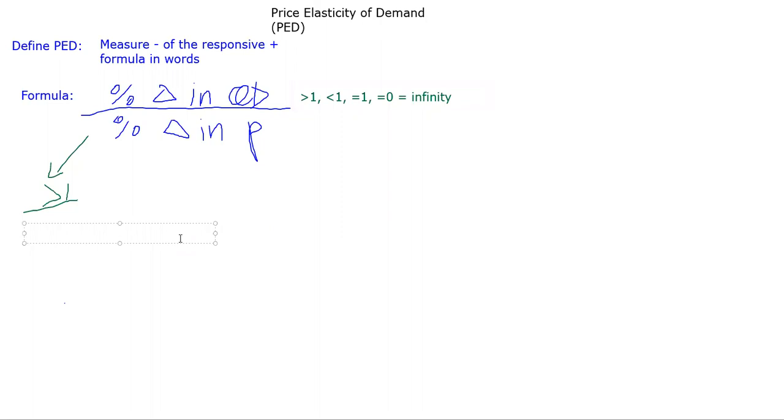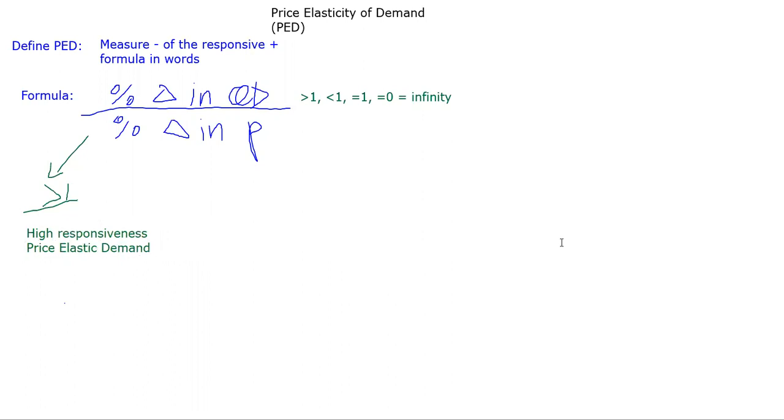So price जितनी से increase हुई है, उससे ज़्यादा quantity demanded change हुई है. So the idea is this is one of high responsiveness. And we call this a price elastic demand. This is the case of elastic.